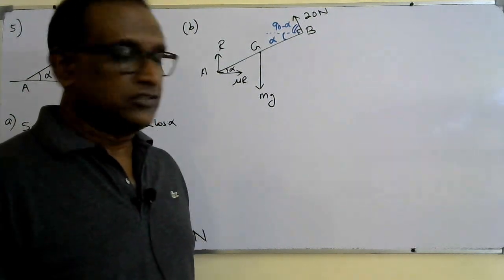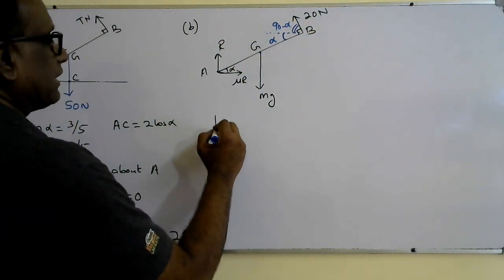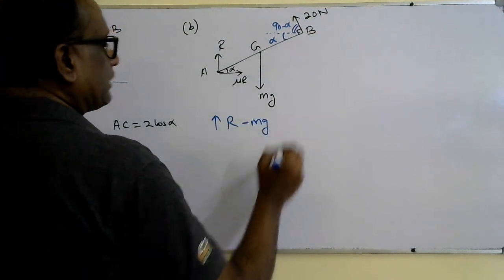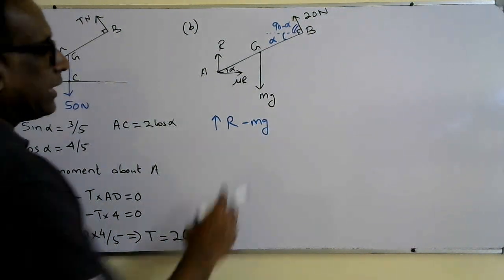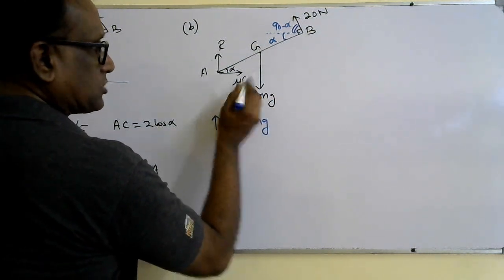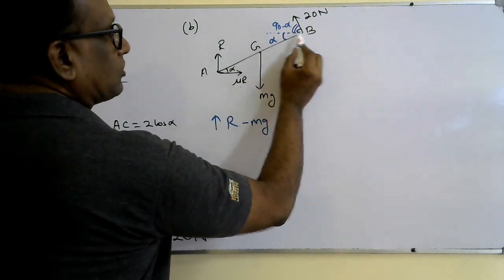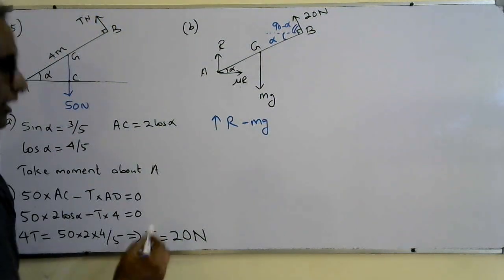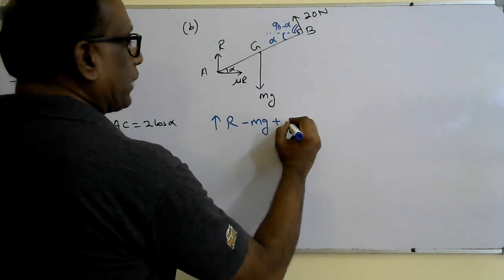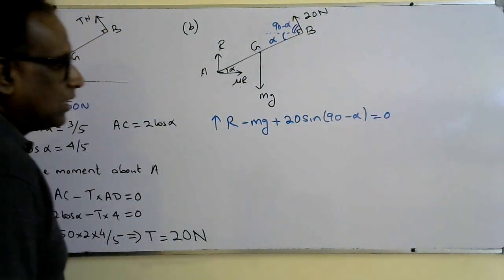So we'll resolve all the given forces horizontally and vertically. That's the easy way here. We'll resolve vertically. R minus mg, because mg is downwards. This is a horizontal force, which has no vertical component. This 20 Newton tension is at an angle 90 minus alpha with the horizontal. So plus 20 sin(90 minus alpha) equals 0.